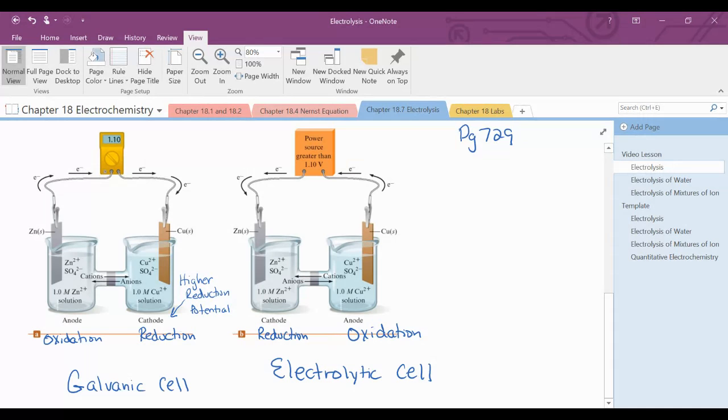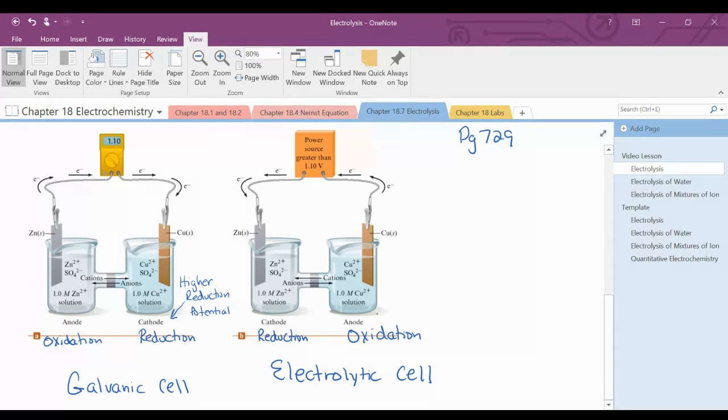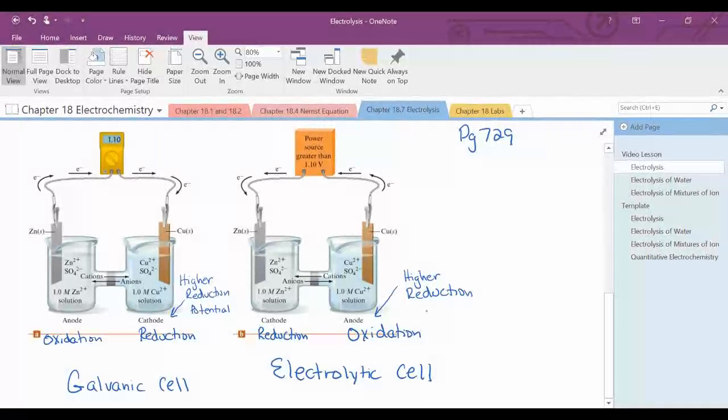But in an electrolytic cell, the anode contains the ions with the higher reduction potential. And this is what gives us our negative cell potential.